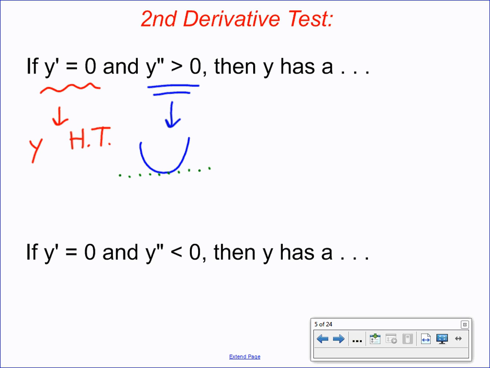Hayden? Yeah, but it could be a cubic function, it could be a quartic function, it could be an exponential function, or a combination with algebraic. But no matter what, we have what feature? A local max or a local min, if we put those two together? A local minimum, right? We'd have a local minimum. So horizontal tangent and concave up gives us enough information to determine we've got a local minimum. So y would have a local minimum.